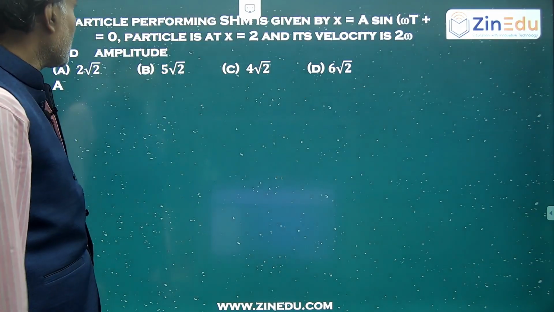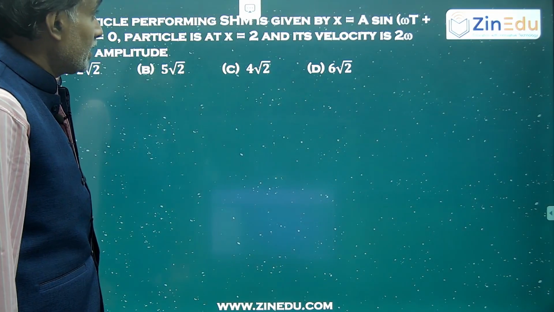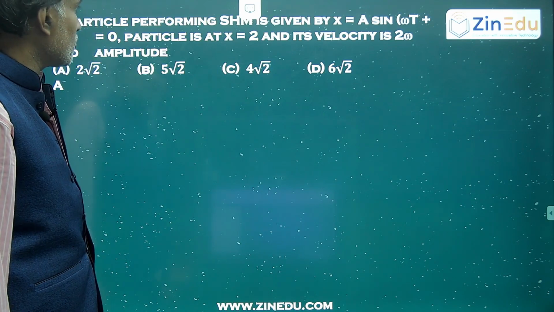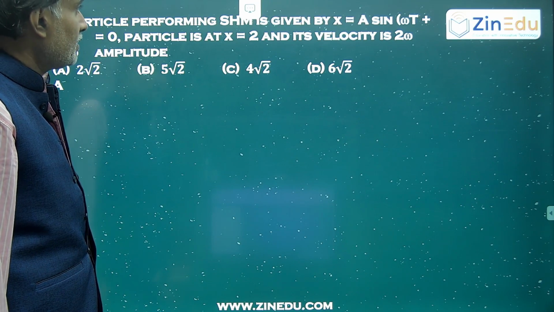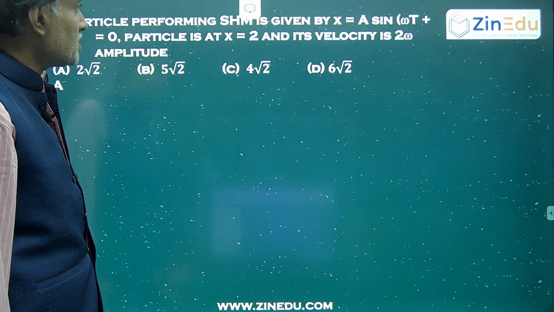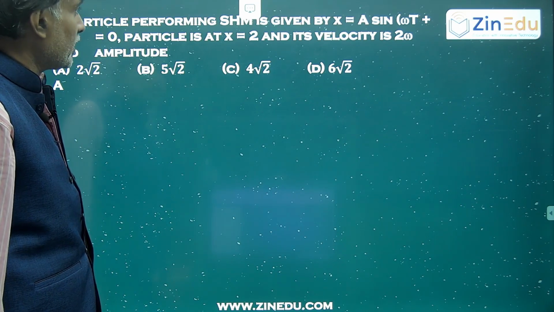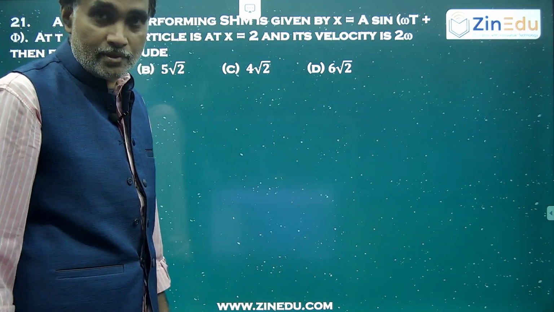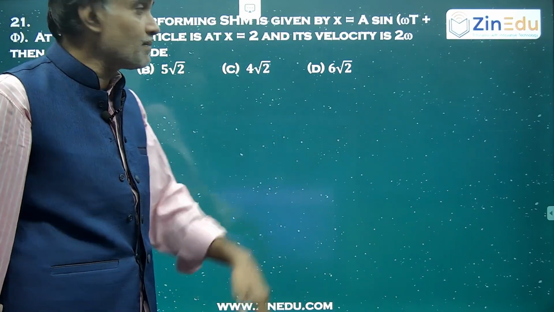First question. A particle performing SHM, x equals a sin(omega t plus phi). The particle is at a distance 2 from the mean position and its velocity is 2 omega. Find the amplitude. What is velocity? Equal to omega into root of a square minus x square, the velocity when the particle is at a distance x from the mean position.